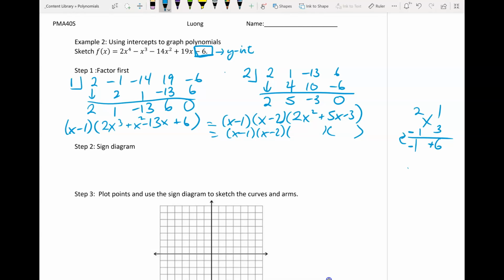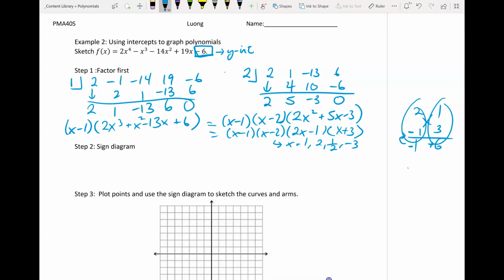This minus 1 reflects here, so this is what belongs in my bracket. 2x minus 1, x plus 3. So we finally factored that. This means that I have zeros of x equals 1, 2, a half, and negative 3.